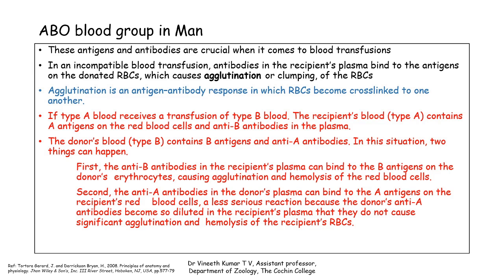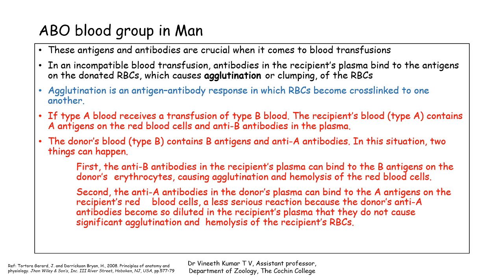The first thing is that the B antibodies in the recipient's plasma, because he has A blood group, so there are B antibodies in his plasma, can bind to the B antigen. So B blood group is being transfused into the particular person. When the blood is being transfused, the transfused donor blood has B antigens.